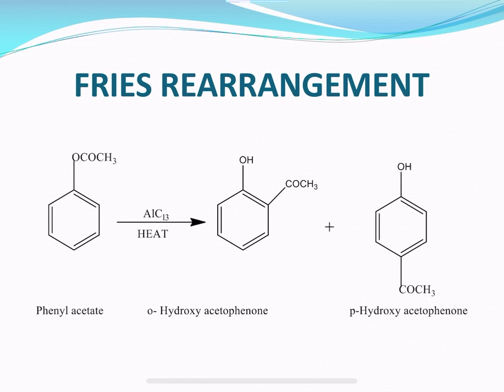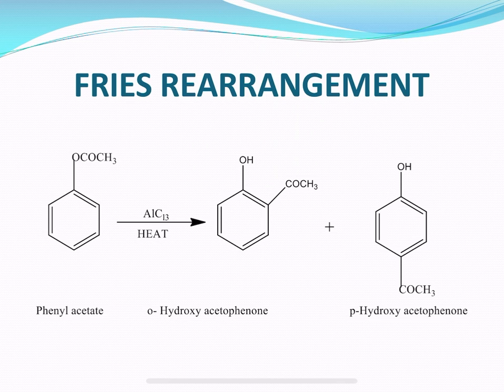There we understood what phenols are. Phenols are organic compounds which contain a hydroxyl group, that is the OH group, directly attached to the aromatic ring. And we saw the classifications, which are made based on the number of hydroxyl groups present, and on the substitution, whether it is located in the ortho, meta or para position.